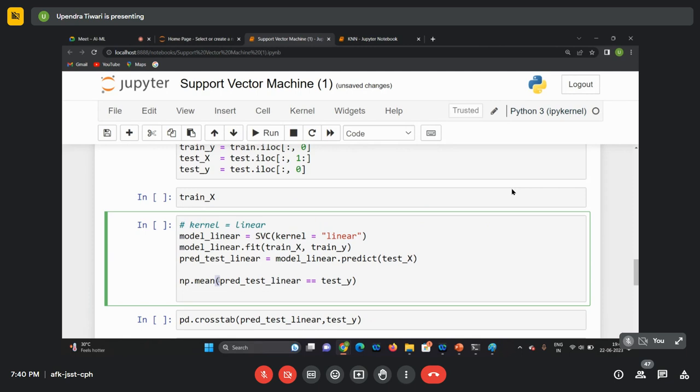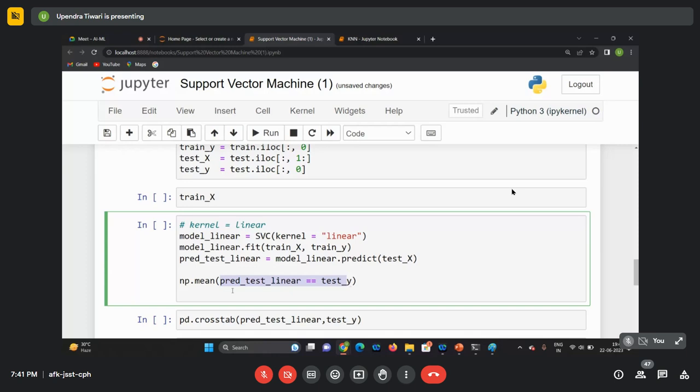How do we find this test accuracy? Wherever your predicted value matches the test data, it is a correct classification.